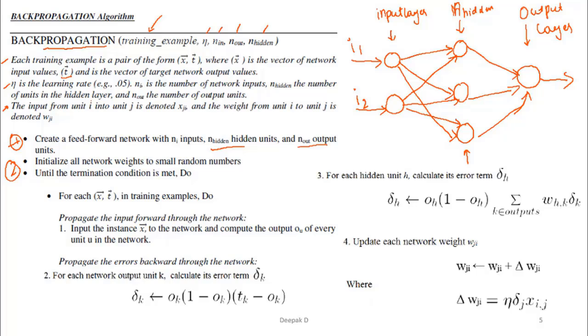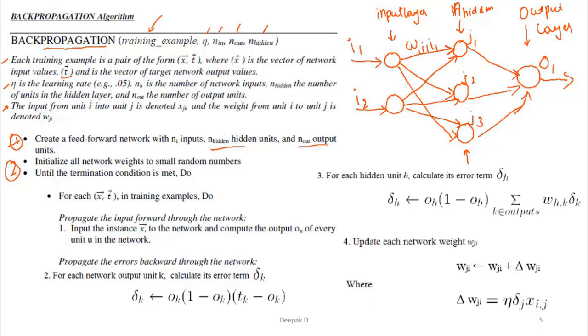Next step is to initialize all network weights to small random numbers. Here, for every connection, that is from I1 to J1, J2 and J3, these are the hidden layer nodes, and O1, this is the output node. For every connection from I1 to J1, weights are initialized, that is W J1 I1.